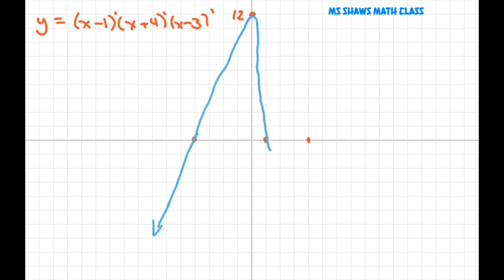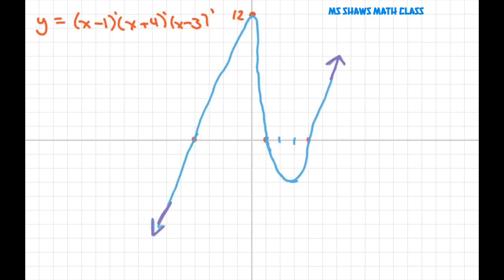The part we don't know is how long it's going to be in here. You can find out by plugging in points, but for just sketching the graph, we're just going to estimate. And then we end in quadrant 1. So there's your end behavior: we started in quadrant 3 and ended in quadrant 1.